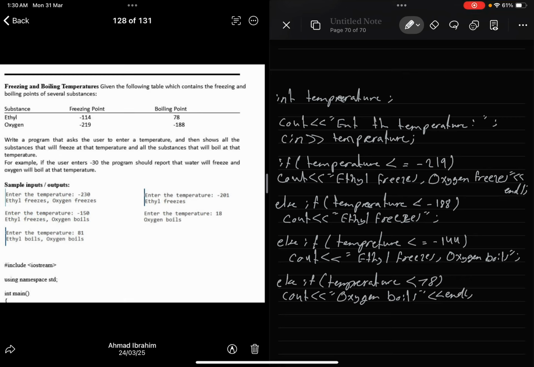Here I have to write endl for each one. Here endl, and here also endl.